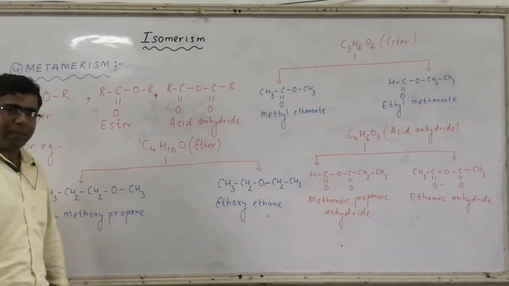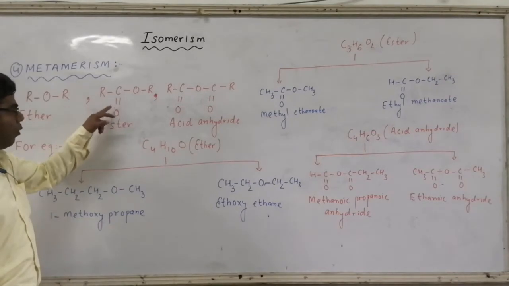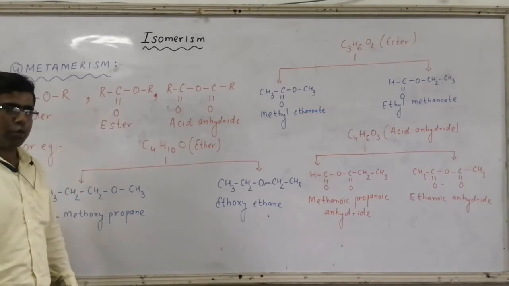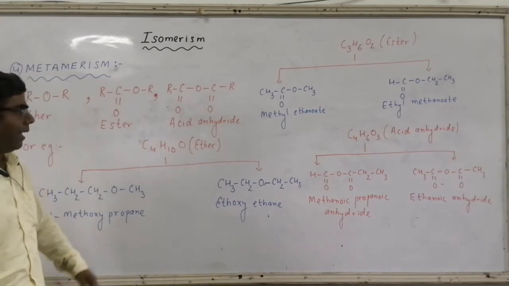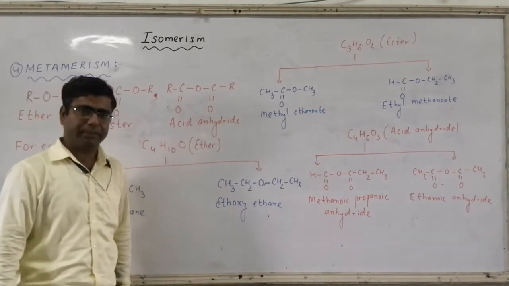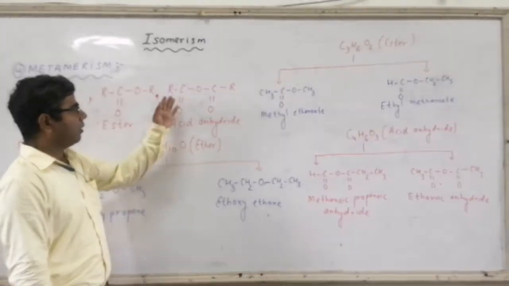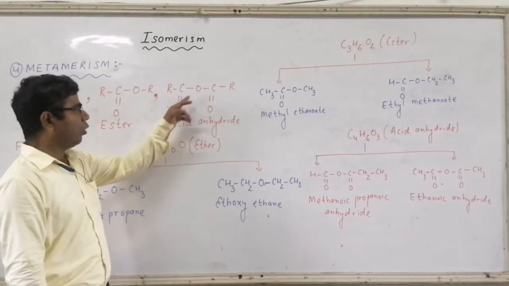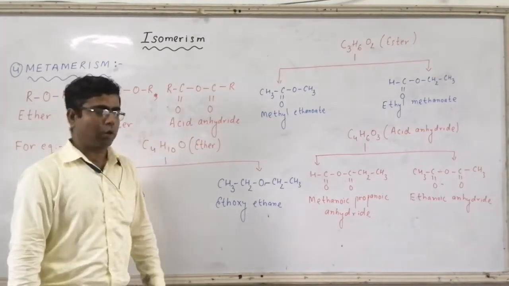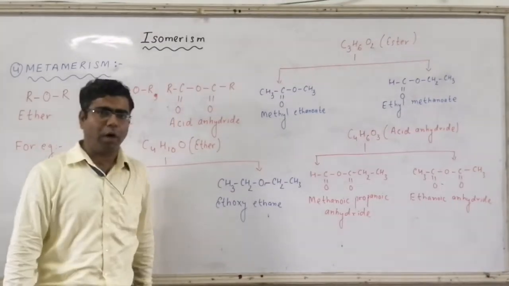Then we have ester, R C double bond O O R. So again we have presence of alkyl group on both sides, and then we have acid anhydride having general representation as R C double bond O O C double bond O R. So again we have alkyl group on both sides.